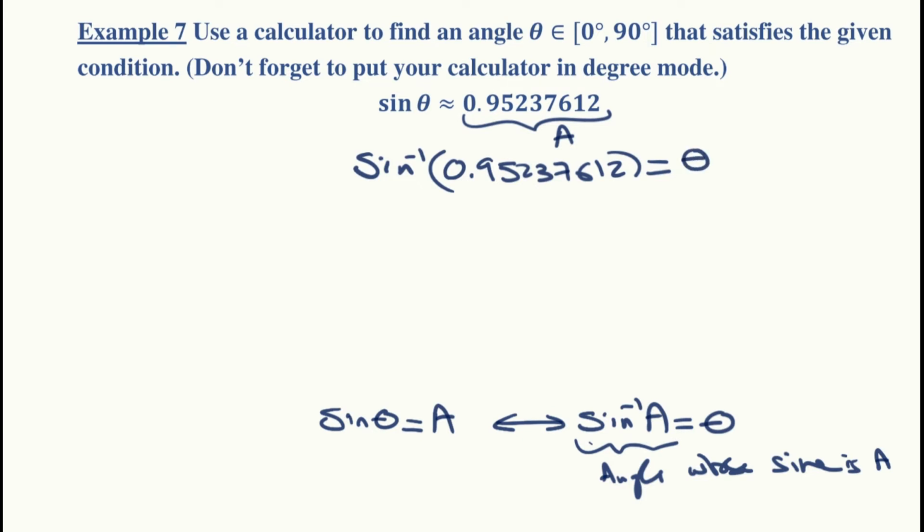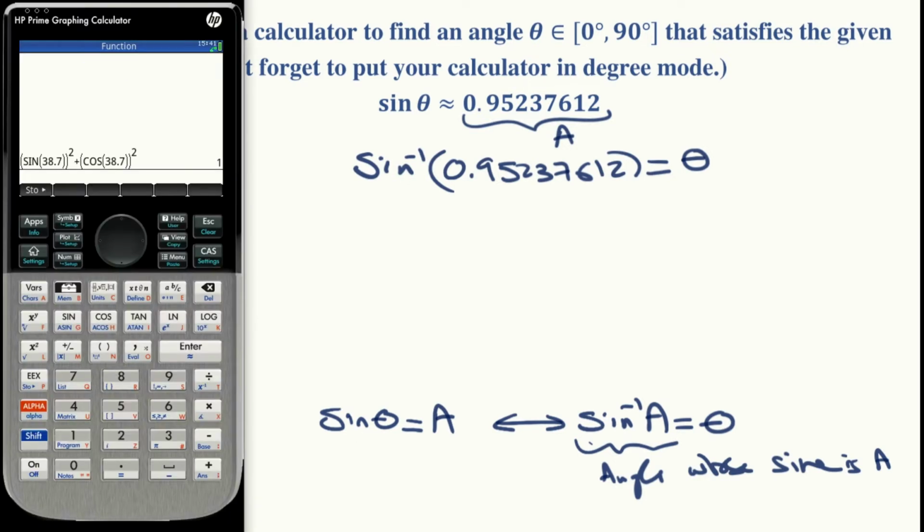Make sure what we just did here makes sense to you according to this relationship between the sine function and the inverse sine function. So now we're going to bring our calculator back, and let me clear that. Notice the inverse trig functions are going to be the second functions of the regular trig functions. Now this calculator is using a bit of an older notation.